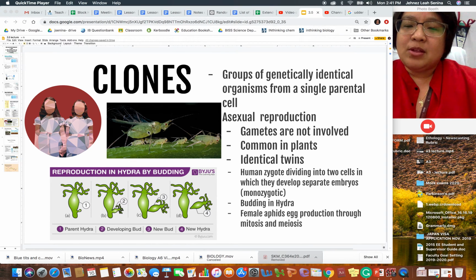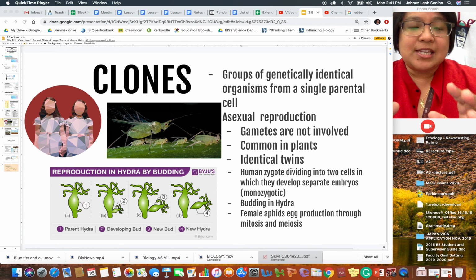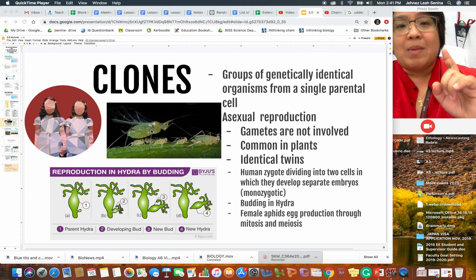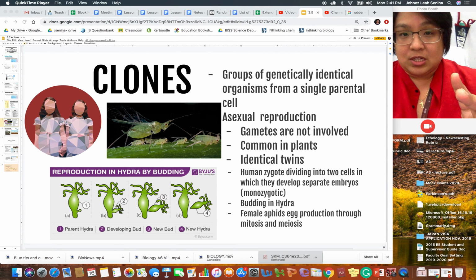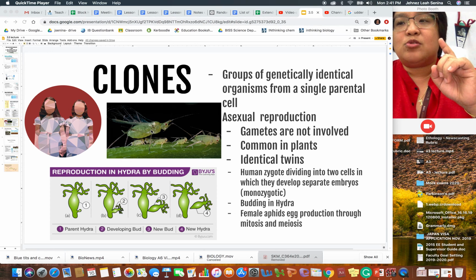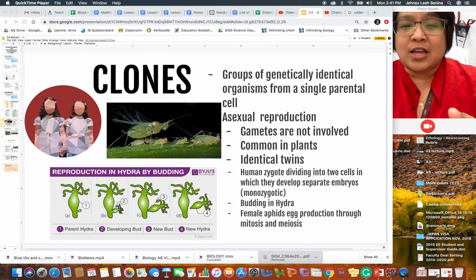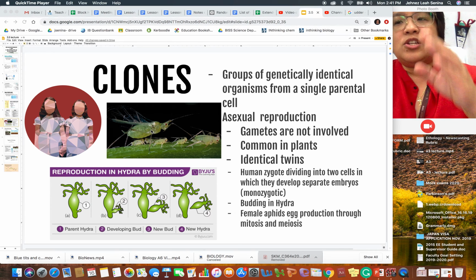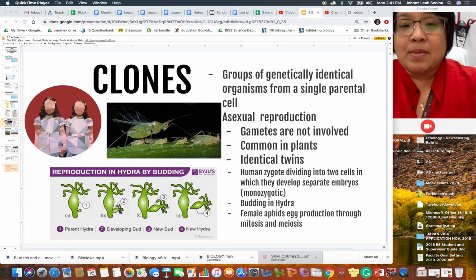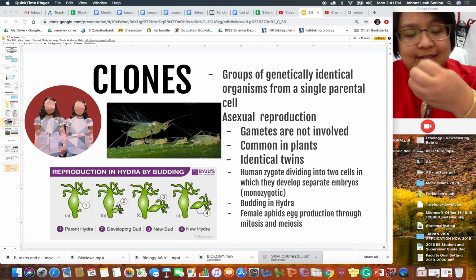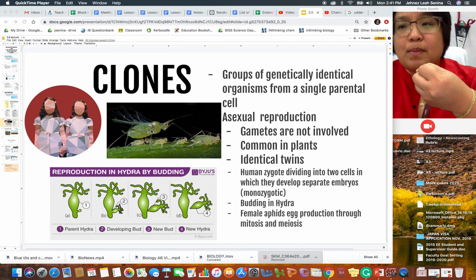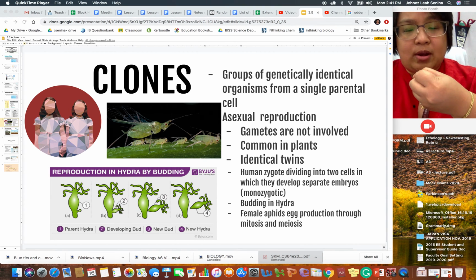What's unique about aphids is that the cells in their ovaries can undergo two types of division, mitosis or meiosis. Sometimes it undergoes meiosis to produce a haploid egg that needs to be fertilized by a male aphid. Sometimes the cells in the ovaries just divide by mitosis, so the egg itself doesn't need a sperm anymore because the egg is diploid.